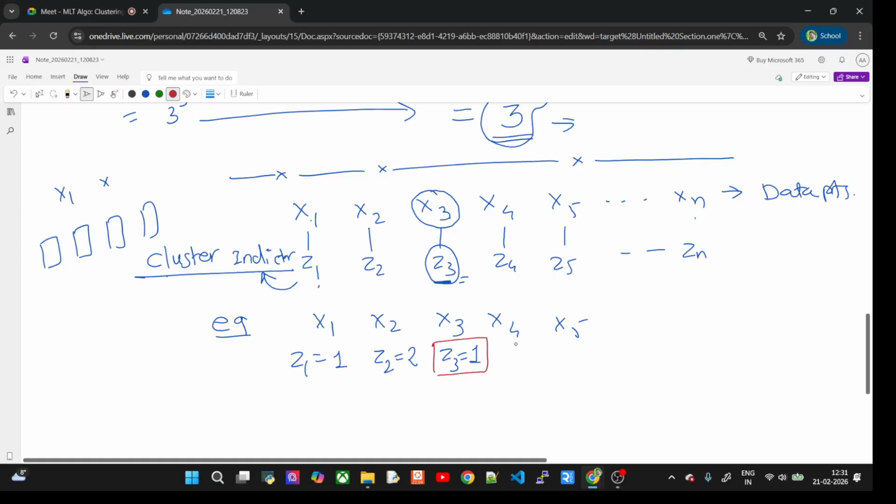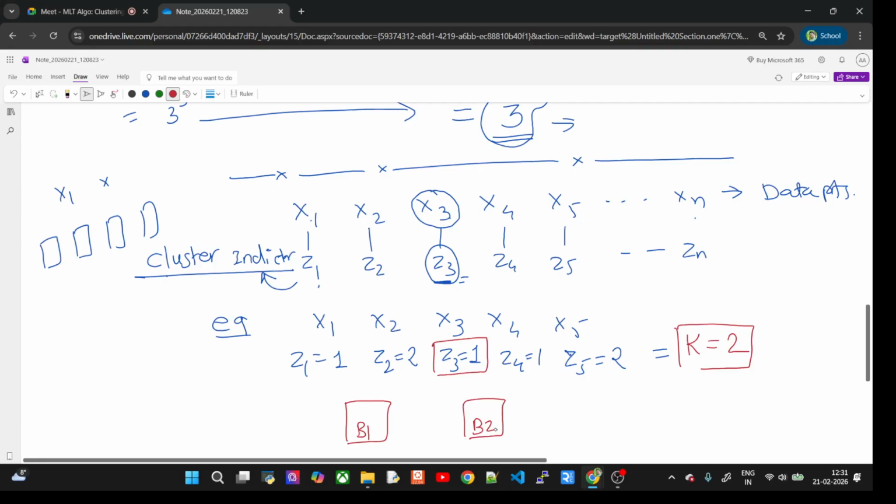And x4, for example, is going into box number 1, and your z5 shows that x5 is going into box number 2. Here how many boxes are there? We have 2 boxes, either box 1 or box 2.